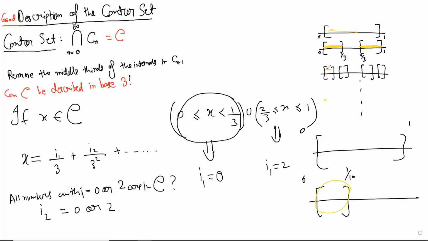Once again, you can just take this by the same reasoning. The same thing will happen, or you can just take 3x and do the same argument. But I2 can either be 0 or 2.